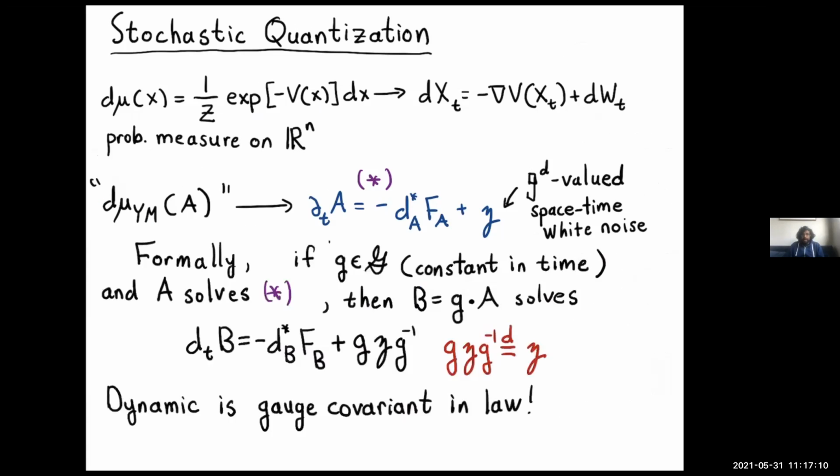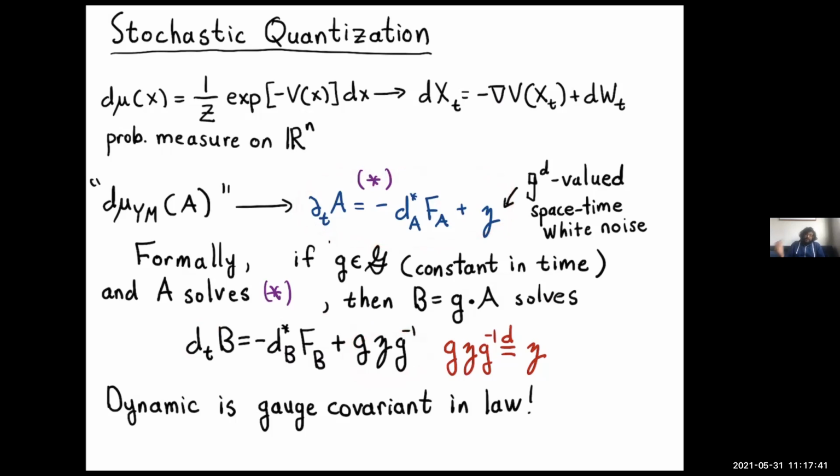One key point is that formally, if you take a gauge transformation that's constant in time, and you look at the solution of this dynamic, and you act on that solution with the gauge transformation, then your new connection will also satisfy an equation of the same form, except the noise has been conjugated by the gauge transformation.